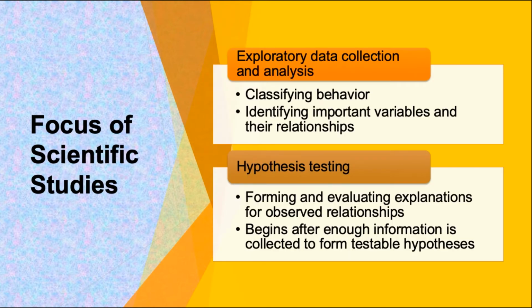So, what is the focus of scientific studies? Scientific studies tend to focus on one or the other of two major activities. The first activity consists of exploratory data collection and analysis, which has two aims.